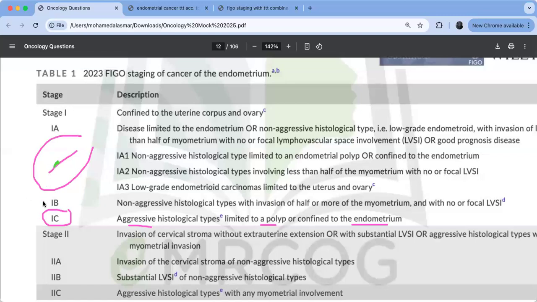Aggressive but confined to the endometrium or a polyp: 1C, excellent. So look, my friends, what happened? Look at the significance, or the difference, of the histological grading or knowing if there is any gene that can make the tumor behave aggressively, like P53 abnormality.